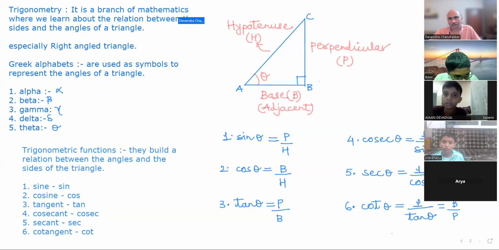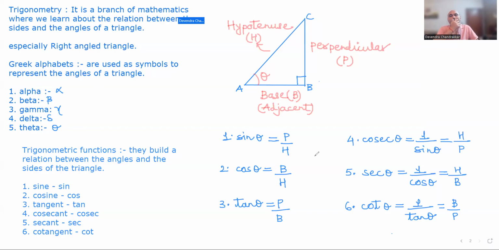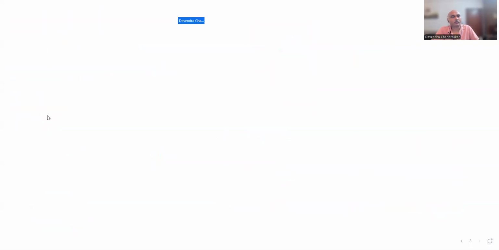So we have just introduced the 6 basic functions of trigonometry, the Greek alphabets, and the sides of the triangle. Now, once we know about these functions, it's time to learn about the quadrants of a circle.